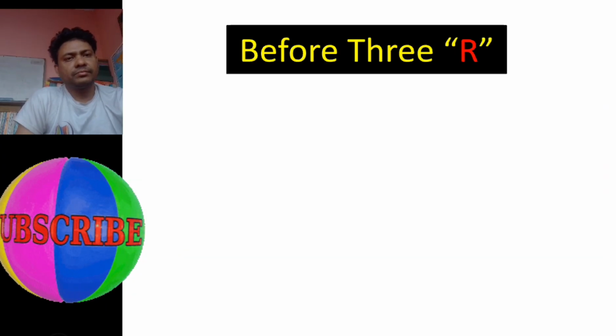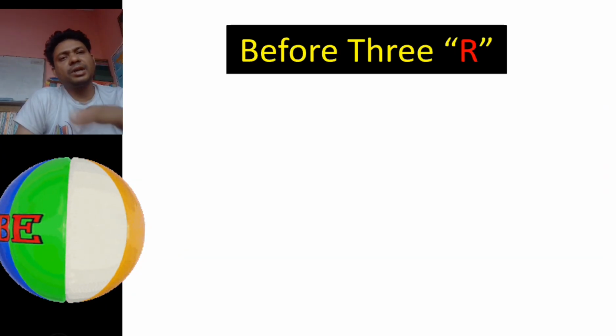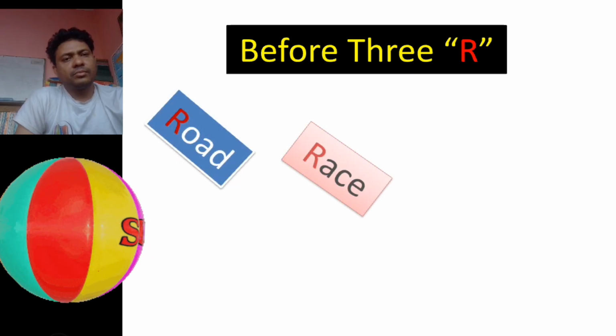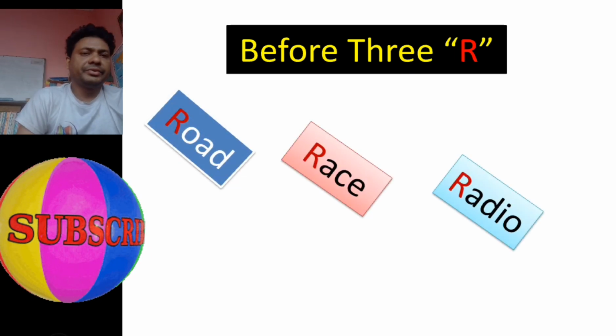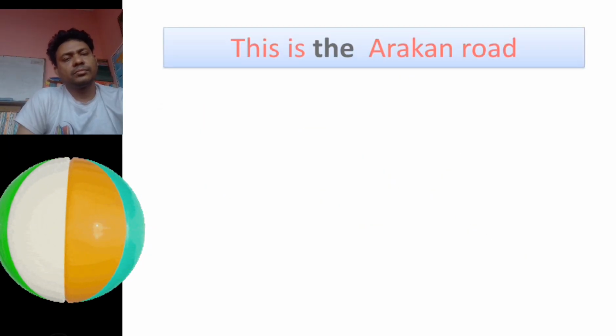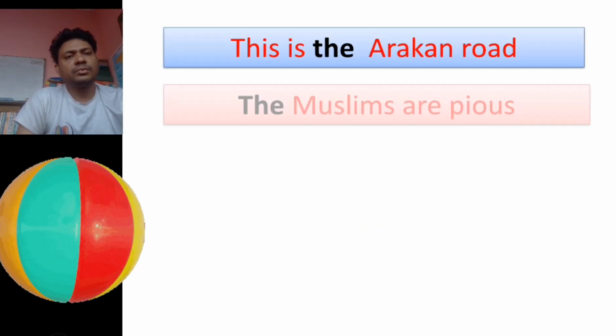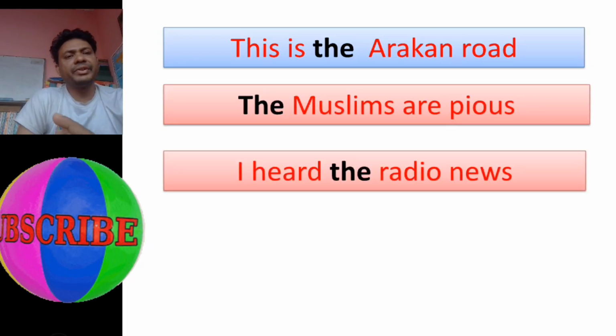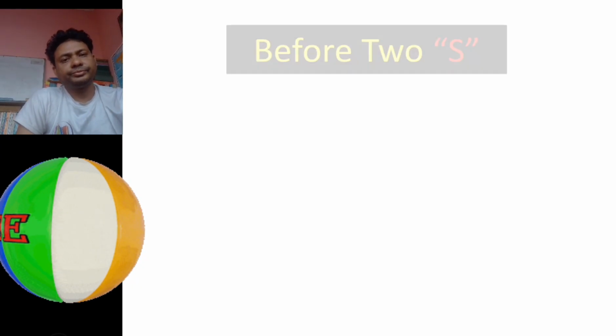CUS. Before three R's, তিনটা আর এর আগে দিবে তা অবশ্যই। Road, race and radio. This is the Arakan road. The Muslims are pious and I heard the radio news. Okay?